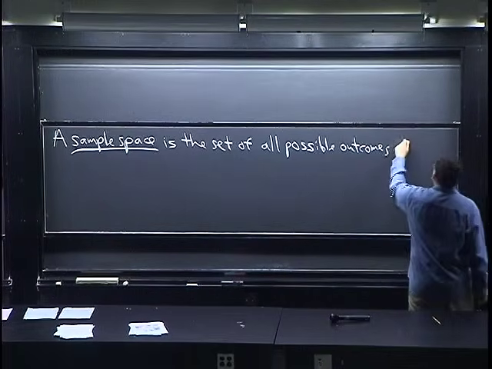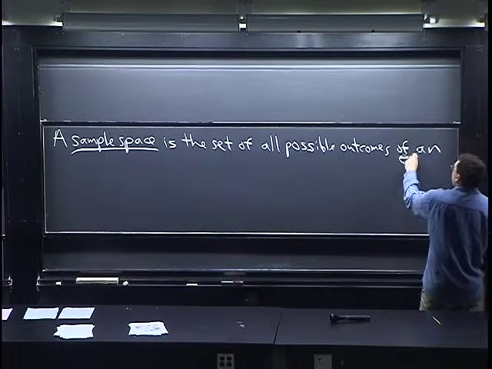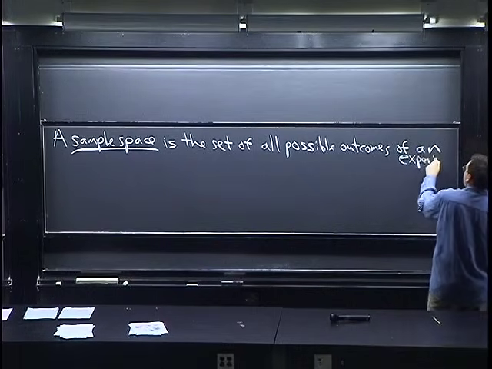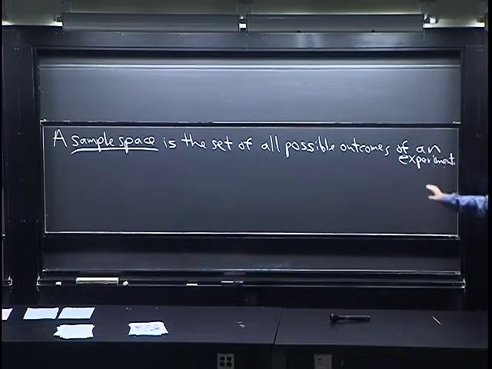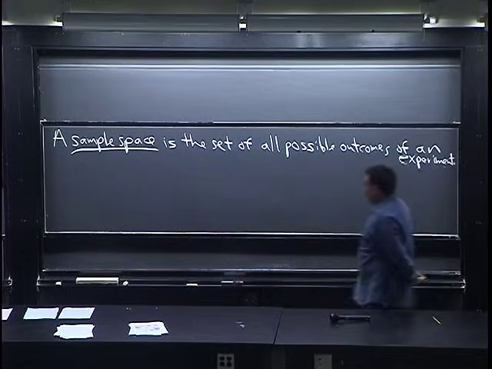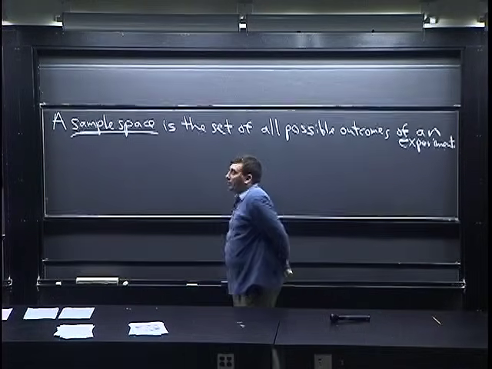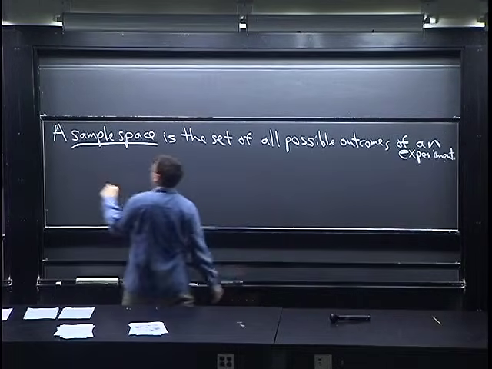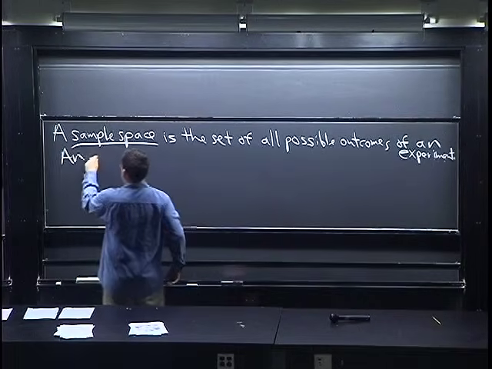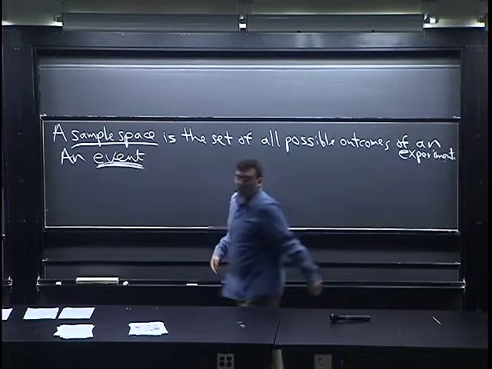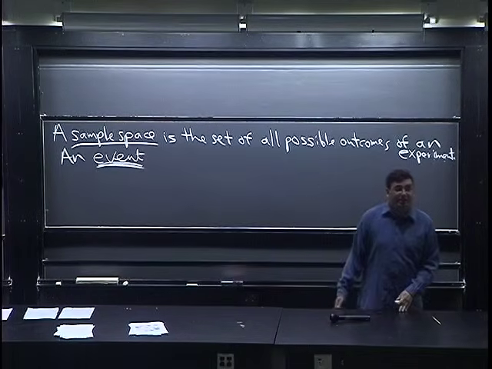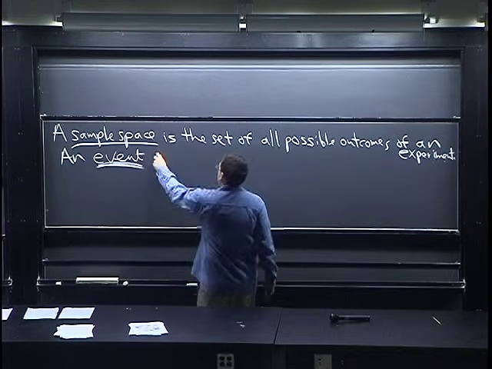We might say that it's a random experiment, but I'm not going to use the word random right now because we haven't defined it. I'm just interpreting this very generally. Then we need one more concept, which is that of an event. We'll come back to this, but the earlier you start thinking about events, the better. An event is a subset of the sample space.